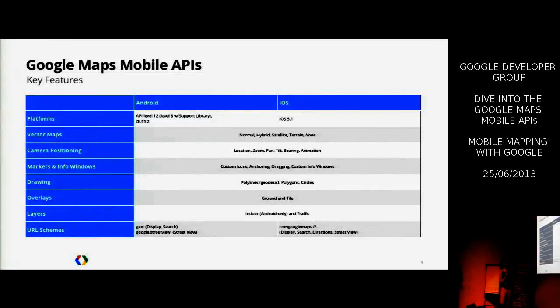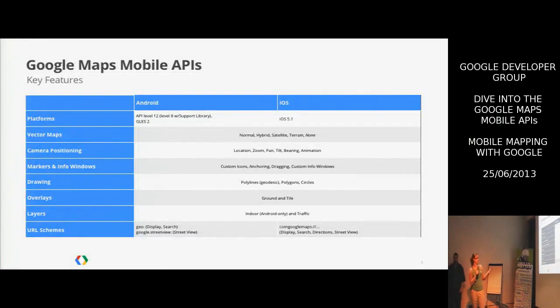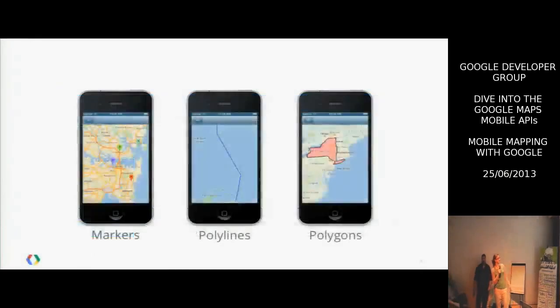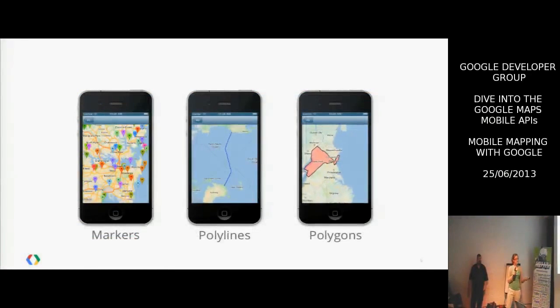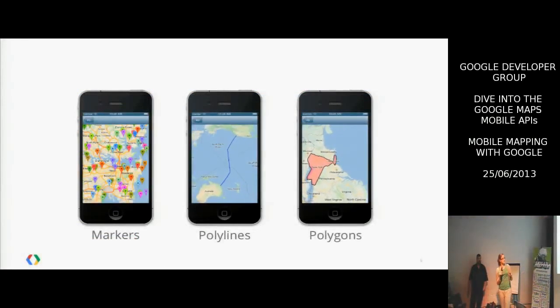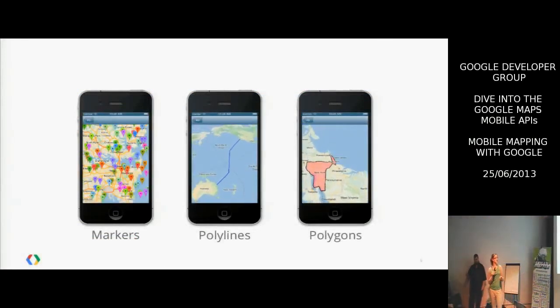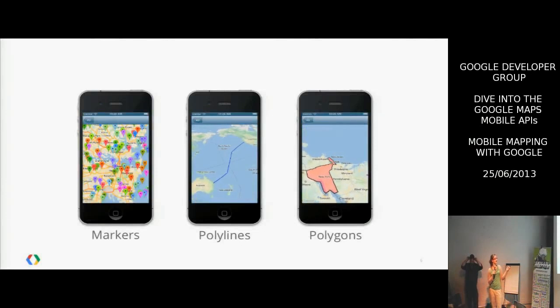But as you can see, we have basically all you need to implement your awesome Maps API application. So we have markers, polylines, and polygons, and as you can see, you can use the camera to animate.